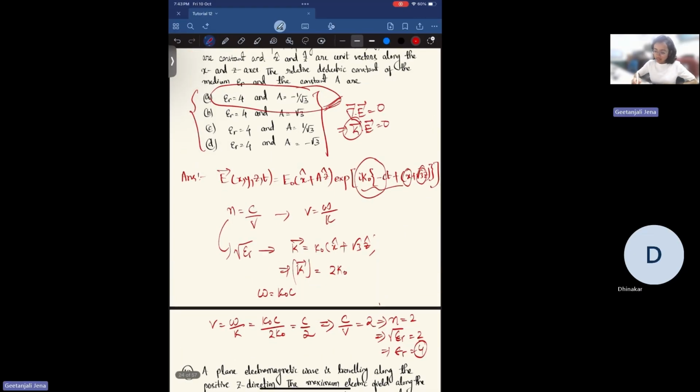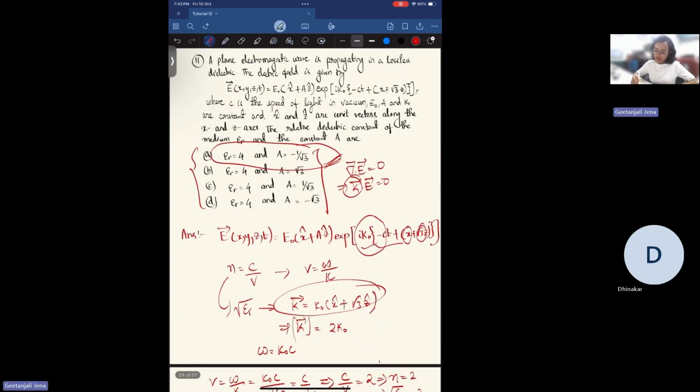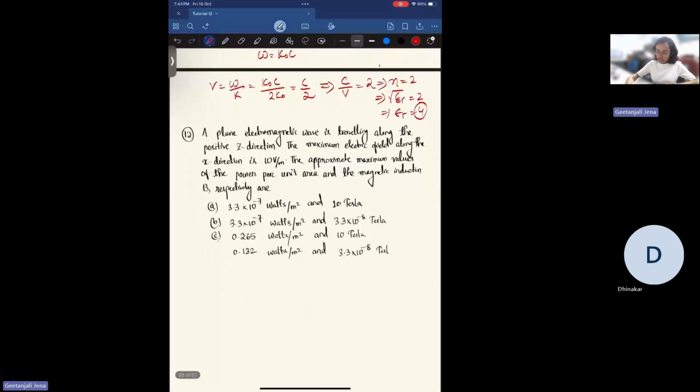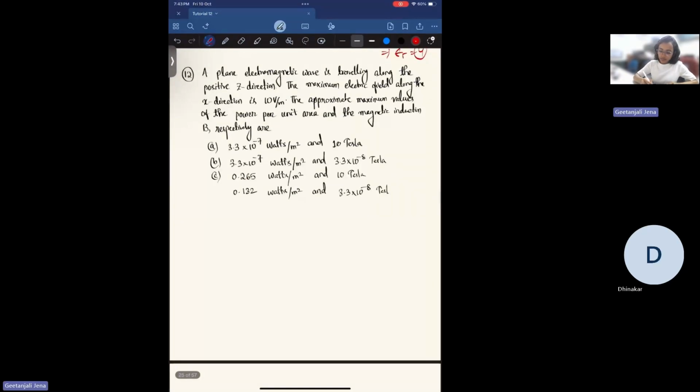K is already here. When you take the dot product, x cap with x cap will give 1, and root 3 with A will give root 3 A. This is 0. So A is minus 1 by root 3. Okay, let us see our next problem.